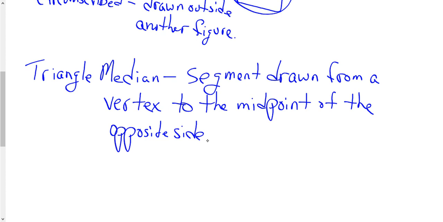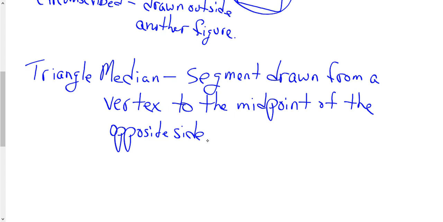So let's say you had to construct a median in a triangle. You know it goes to the midpoint of one of the sides, so what construction will you do to find that midpoint? Angle bisector, segment bisector. Well, perpendicular bisector, but not drawing it, because that'll help you find the midpoint, and then you just connect the line.